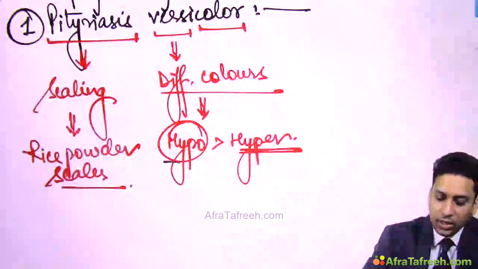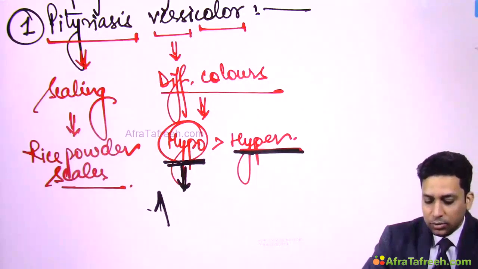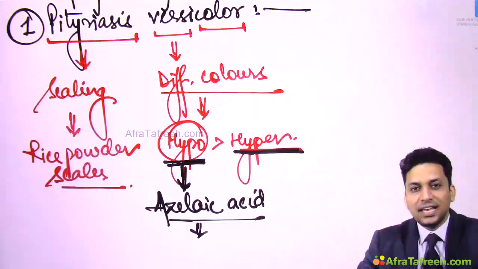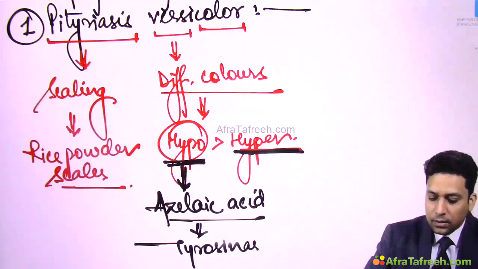They might ask you the reason for this hypo and hyperpigmentation. So remember, this hypopigmentation is due to azelaic acid. This azelaic acid is secreted by this Malassezia yeast. So Malassezia yeast, which causes pityriasis versicolor, secretes this azelaic acid, which is a tyrosinase inhibitor.